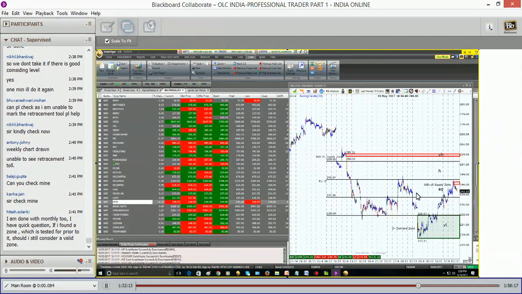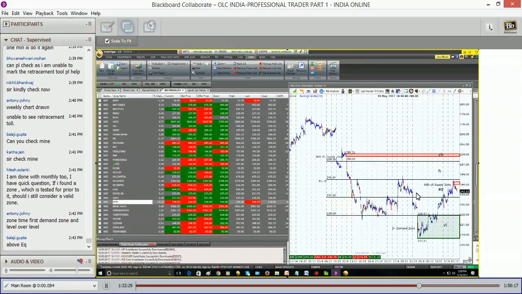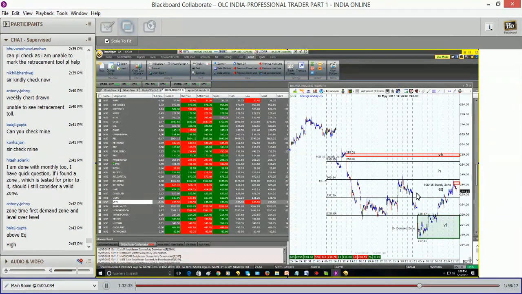Which location does this zone of yours come in, Balaji, is my question. Which location does this come in, this zone that you have marked? So use the retracement. Let me take control.